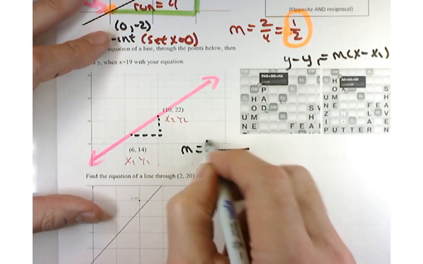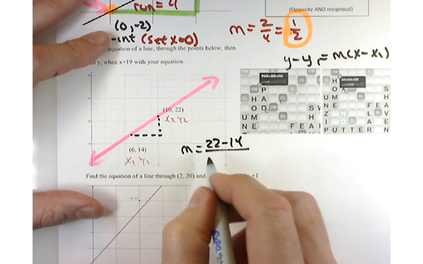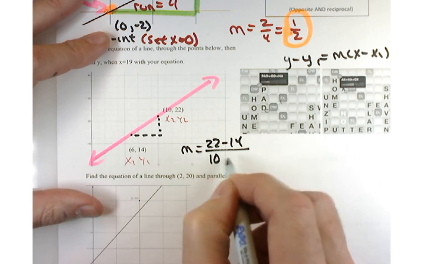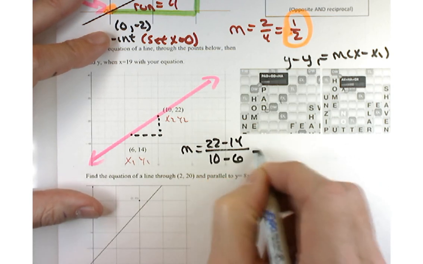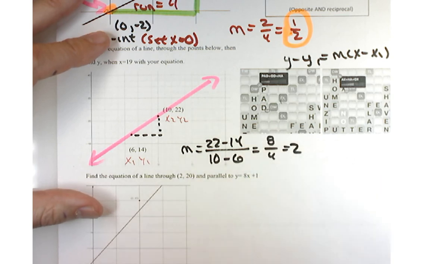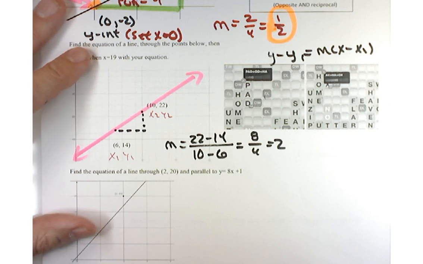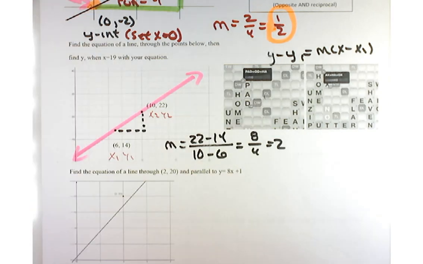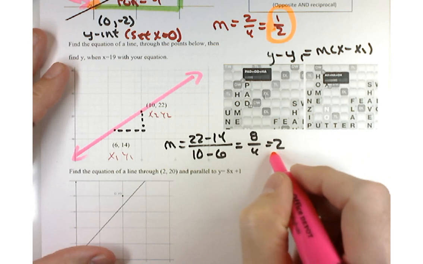Okay, so 22 minus 14 over 10 minus 6. Perfect. So 8 over 4. And hey, that's a nice even 2. Okay, thanks Hannah. Let's see if we can put that in to help us get an equation now.